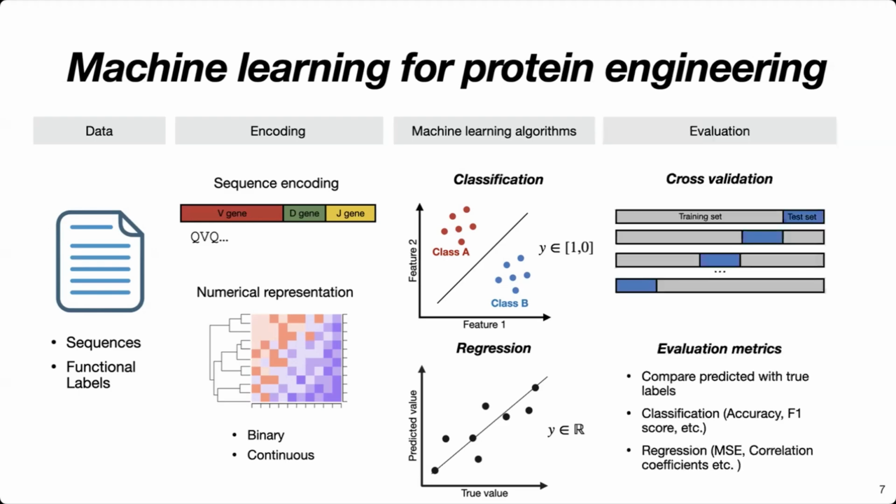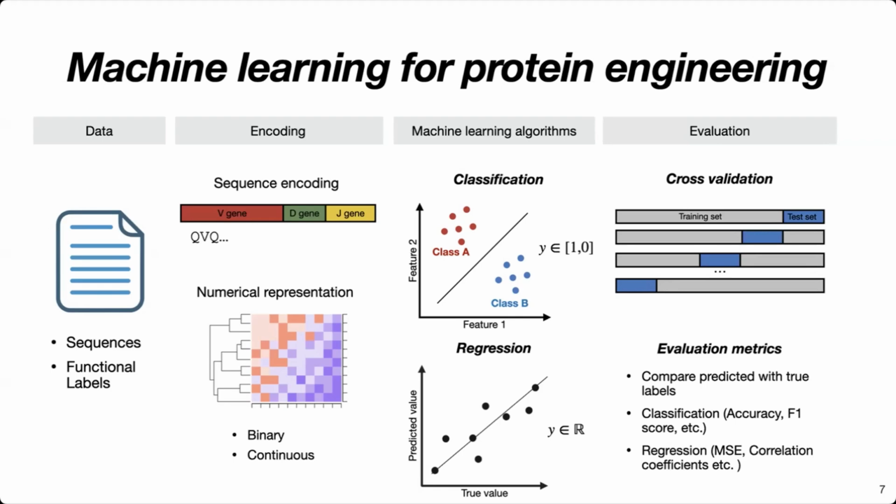To be able to evaluate a machine learning model, or be able to tell how well this model actually works and how well it can predict on unseen labels, typically people use cross-validation, where you split your existing data set of samples or of sequences and labels into training and test sets.